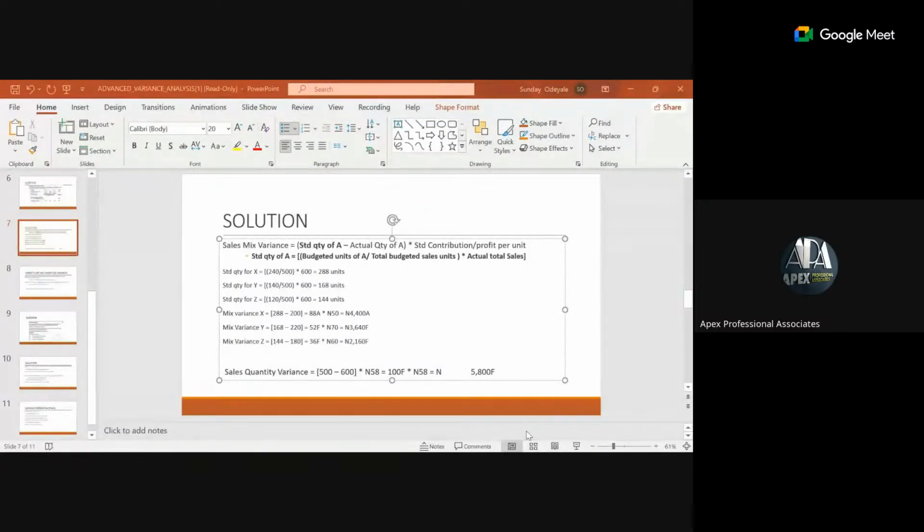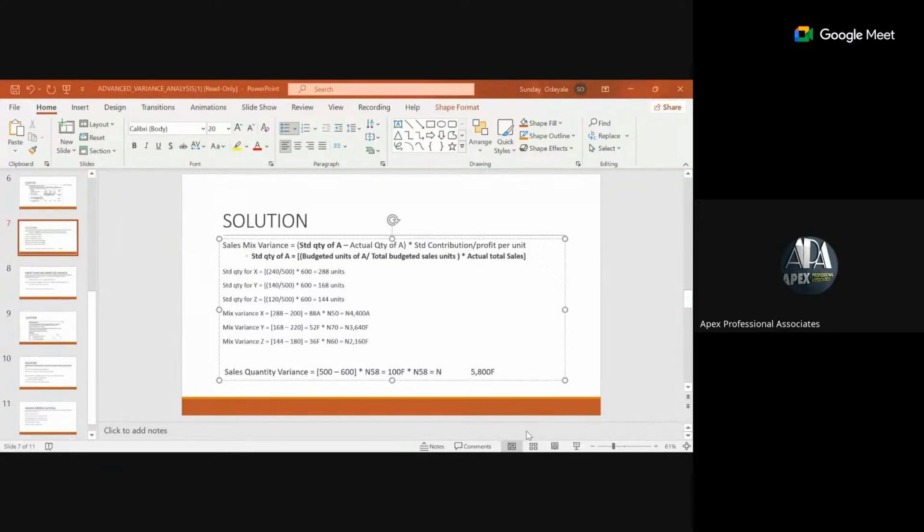So your question between the difference between standard contribution and standard profit. I mentioned it in one of the classes, I think the standard costing class, that you can be asked to use standard contribution or standard profit depending on the costing model that the company or the question asks you to use. So if you are dealing with marginal costing, you should know that you are supposed to go with standard contribution. So you don't factor in fixed cost.